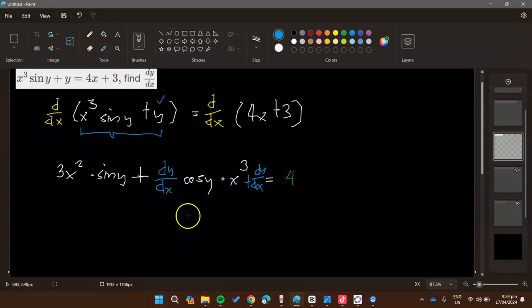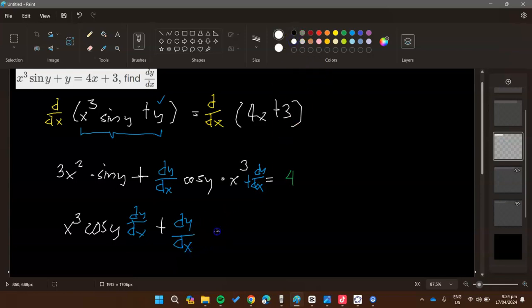So again, what we're going to do is isolate dy/dx and then move the rest to the other side of the equation. So we will get x cubed cos y dy/dx plus dy/dx.